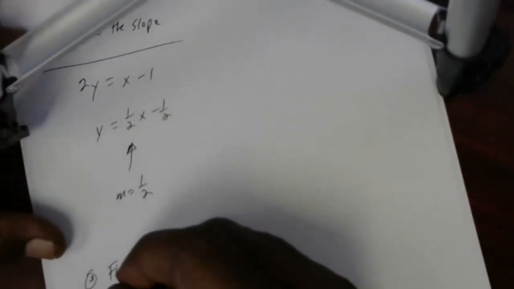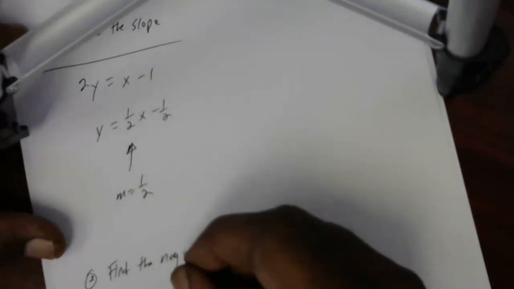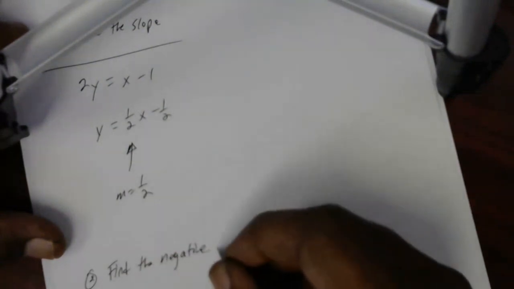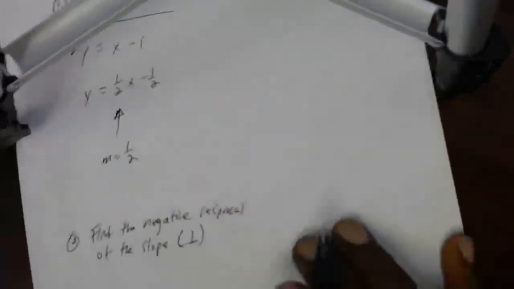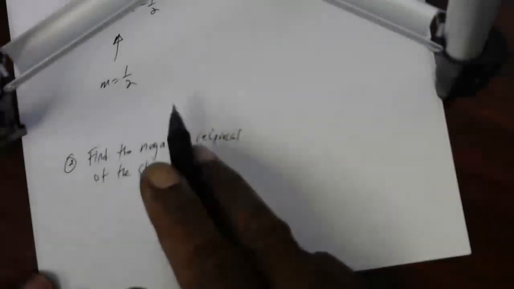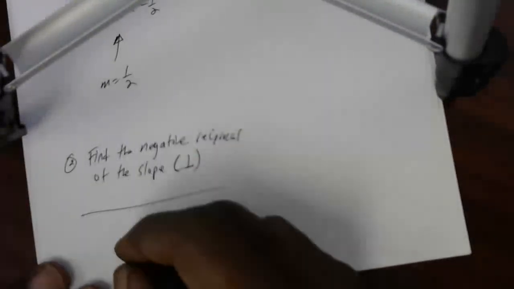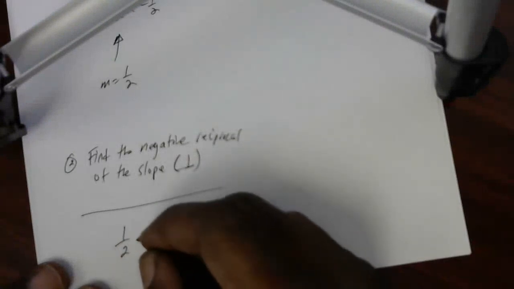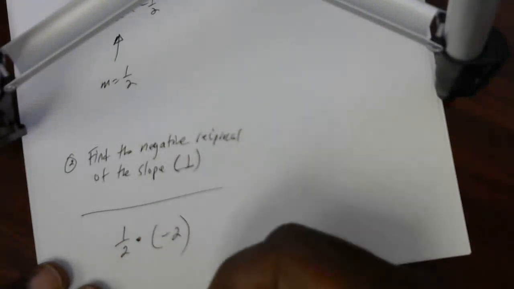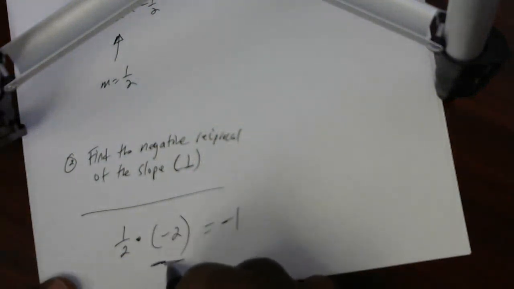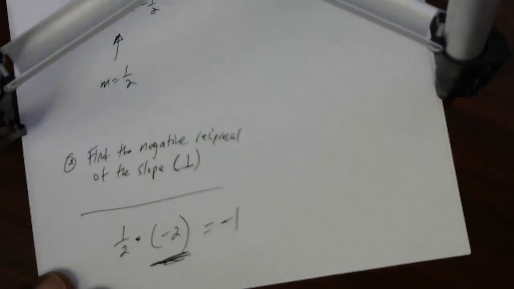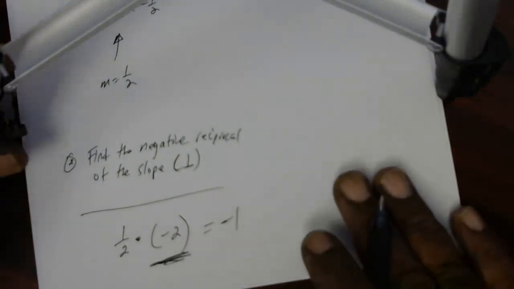The second thing we did was find the negative reciprocal of the slope, right? Because we're dealing with a perpendicular line. This is the only reason why we would take the negative reciprocal. So 1/2 times negative 2 gives us negative 1. So negative 2 is the slope that we're going to use.